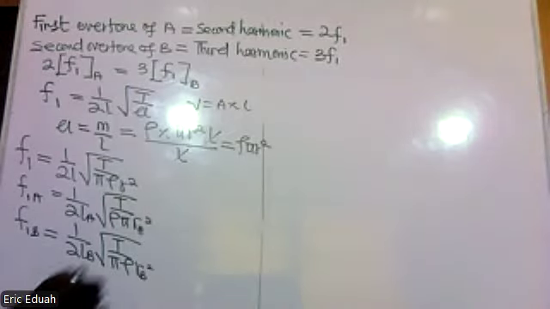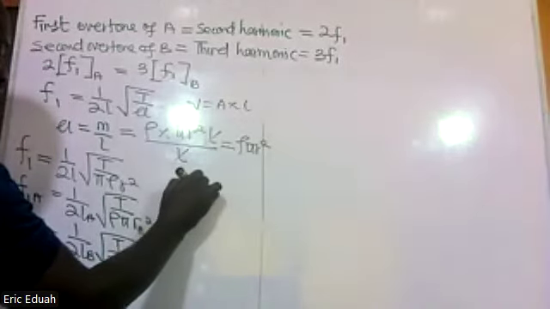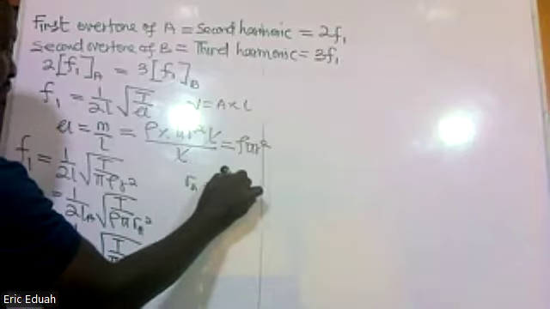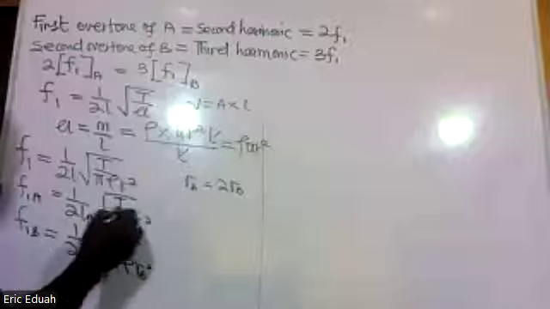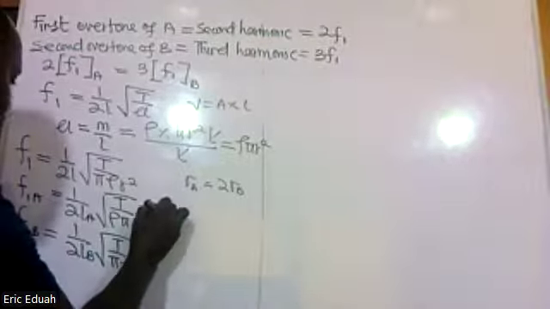Then I'm told that R of A is equal to 2 times R of B. So I'm going to substitute that as well.